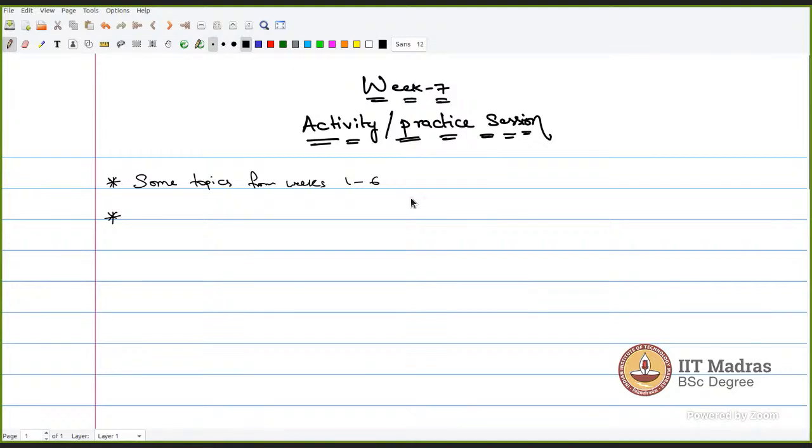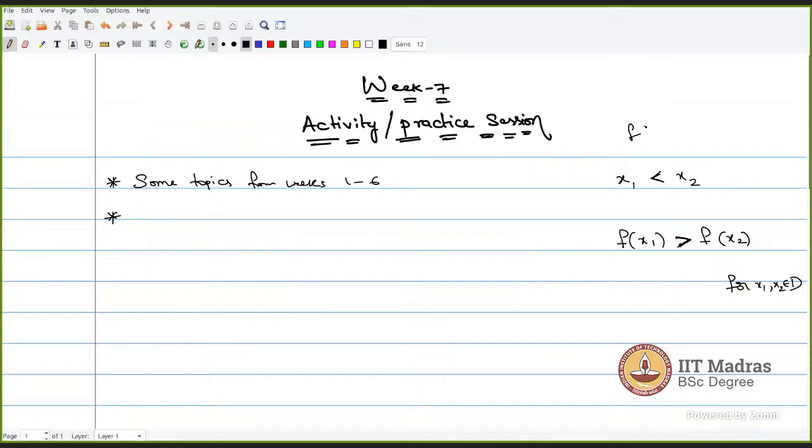See, strictly decreasing means if I take 2 points x1 and x2, where x1 is less than x2, and f of x1 is strictly greater than f of x2, then I say this function is strictly decreasing, for any x1 and x2 belonging to my domain.